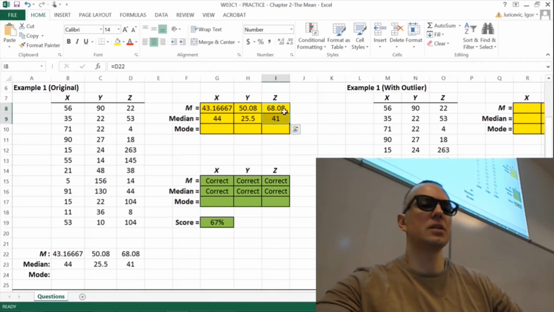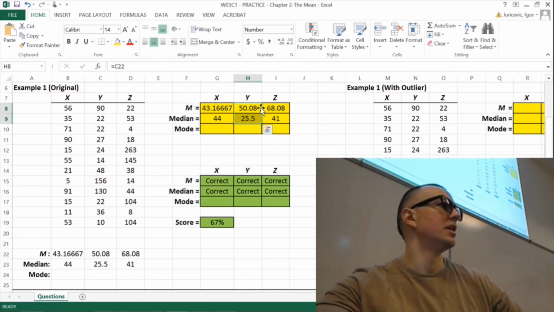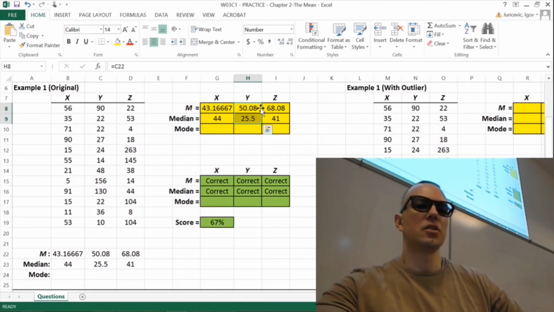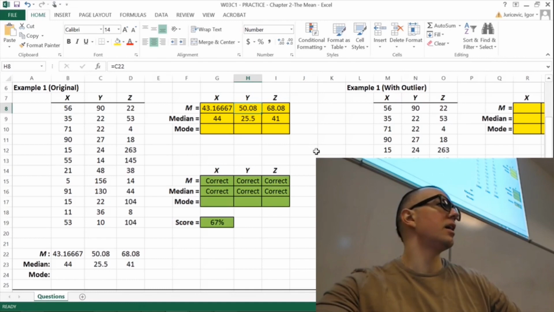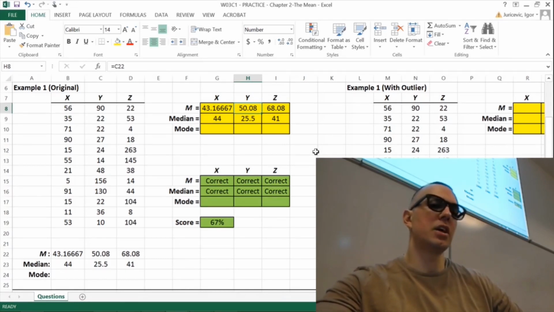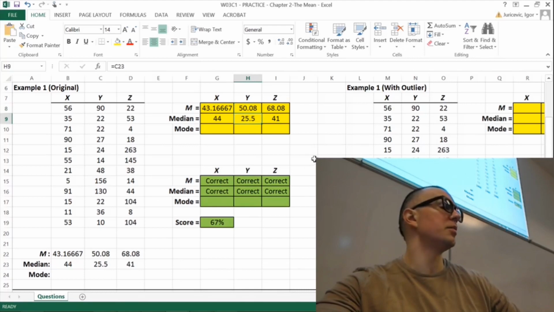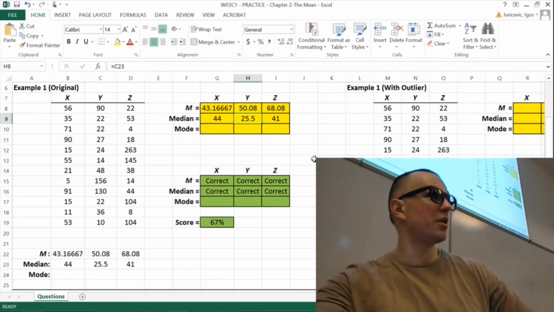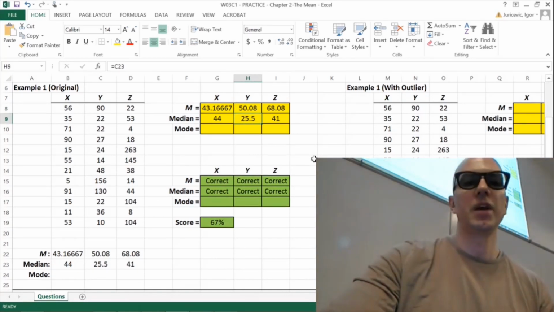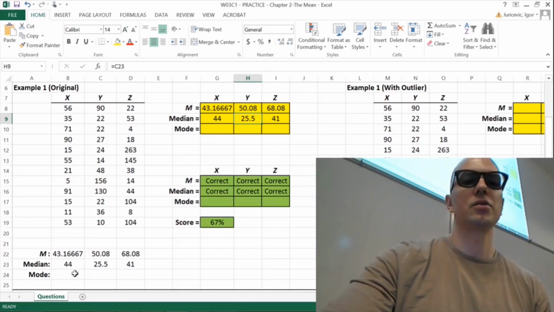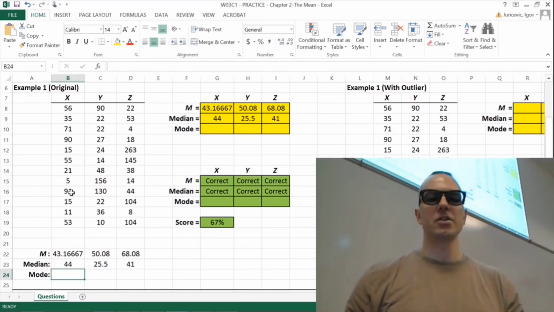Because if you tell somebody, for example, that the typical student in your class scores 50.08 on music ability, their impression of your class is going to be very different than if you tell them the typical student scores 25.5. So we need to make sure that we're getting those measures of central tendency measured correctly.